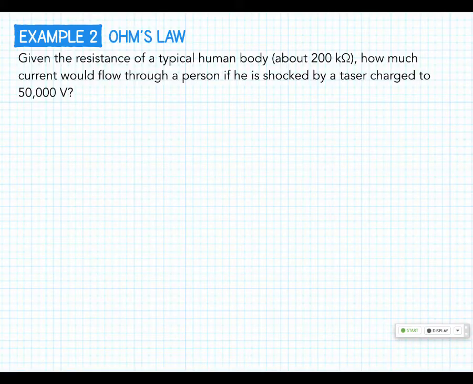we'll do it together. Given the resistance of a typical human body, that's about 200 kiloohms, how much current would flow through a person if he or she is shocked by a taser charged to 50,000 volts?